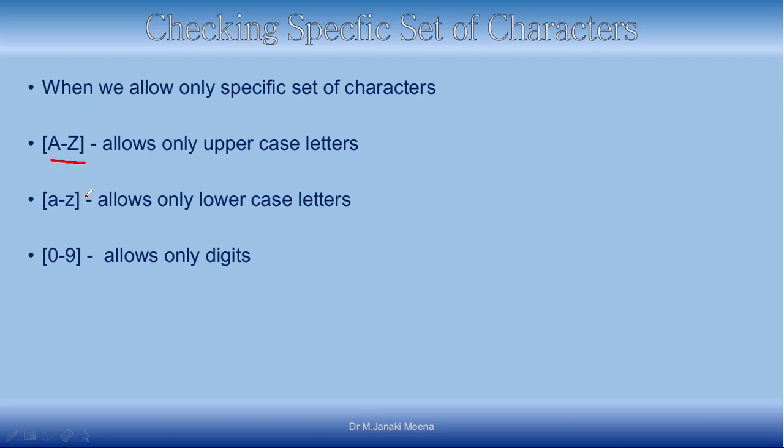Similarly, one lowercase letter can be given like square bracket small a to small z, and digits can be given like within the square bracket 0 to 9. So when I am giving like this, what is the interpretation? You can just think over it.